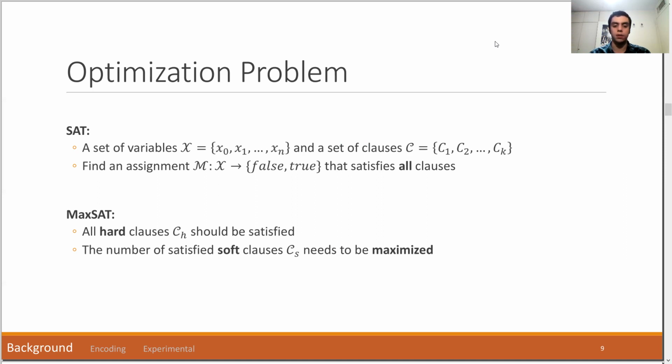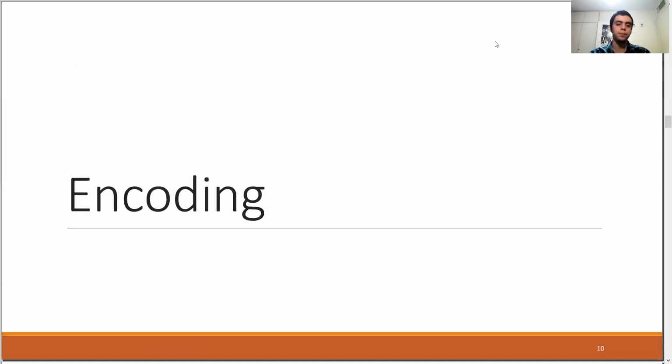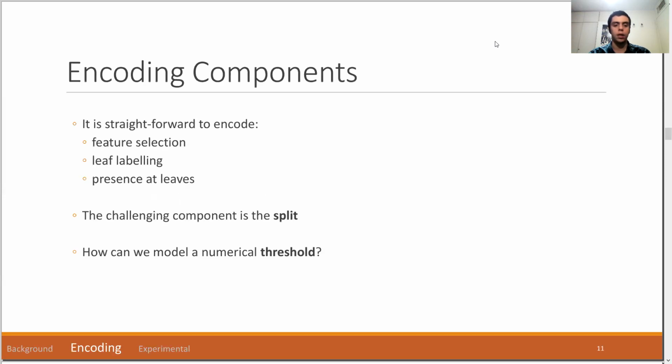MaxSat is just the optimization version of SAT. Instead of satisfying all the clauses, you have two sets, hard clauses and soft clauses. You need to satisfy all hard clauses, but for soft clauses, you just need to maximize the number of satisfied clauses as much as possible. Now, that concludes our background section, and we'll be going into details of the encoding.